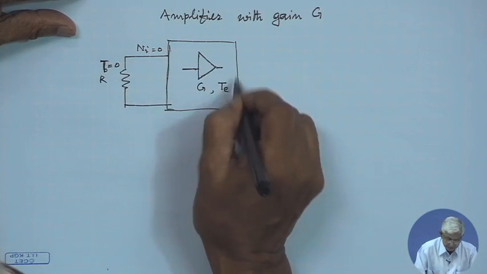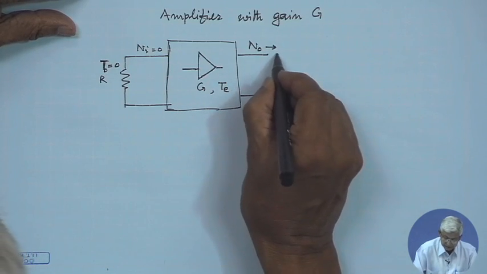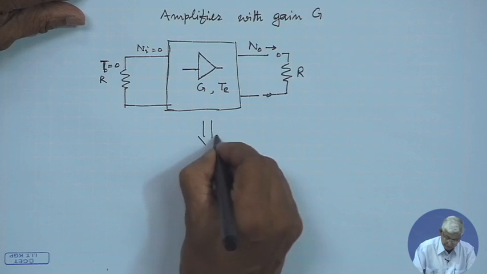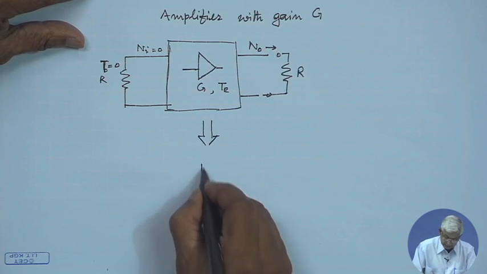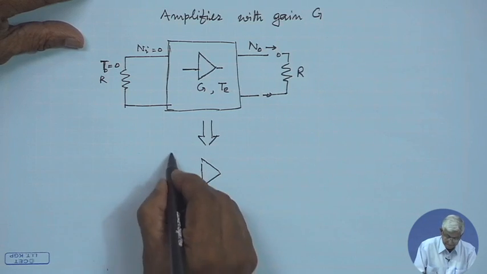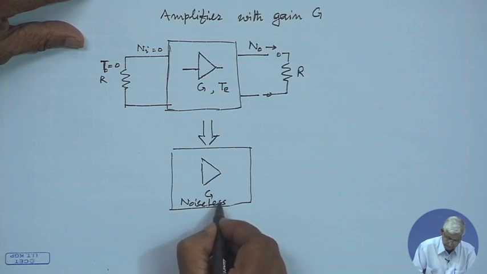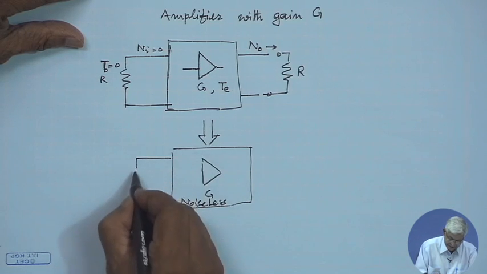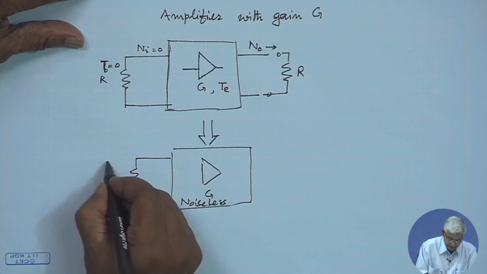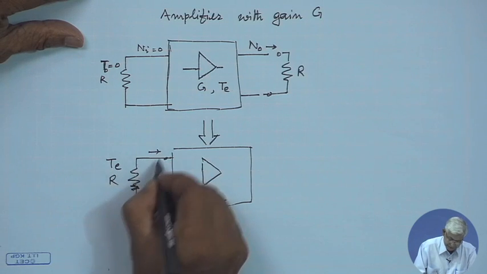So, input is 0 and it is giving output as N0, which is the noise it is generating to a load resistance R. So, this can be drawn as an equivalent, a noiseless amplifier with a gain G. This is a noiseless amplifier, and as if it has an input resistance R with the effective temperature Te, which is generating this Ni.